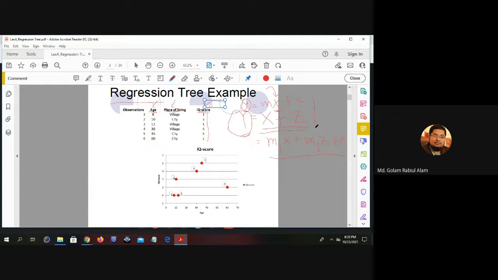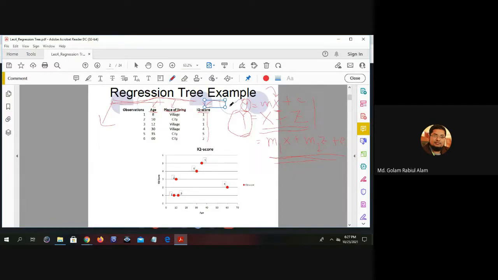Usually in linear regression, we use this kind of equation, like a line equation. But the regression tree is a non-linear machine learning model for regression. So it will not use a relationship like this.